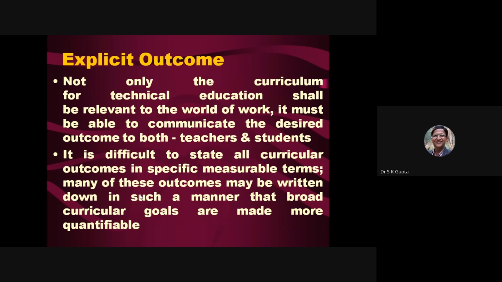So we say that whatever subject we are teaching, its course outcome should be measurable. If I am teaching a subject on concrete technology, or a subject on water sources, then after studying this subject, this competency will be developed in the students, or the students will be able to do these things.